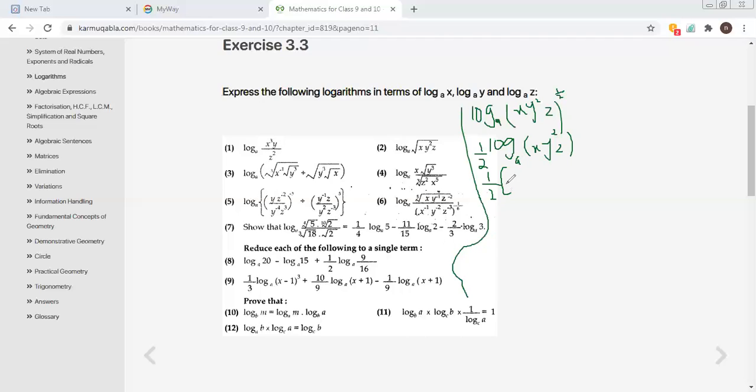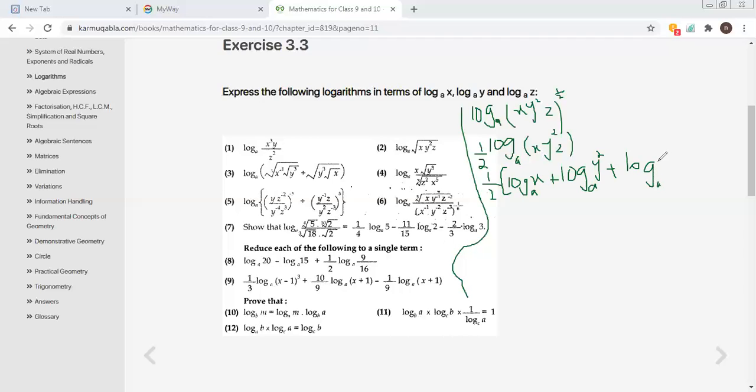So when we open the bracket according to law number 1, it becomes the sum of the logarithms of their numbers, like log a of x plus log a of y squared, y raised to the power 2, and plus log a of z.